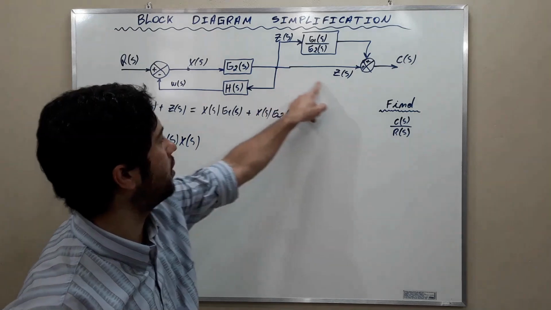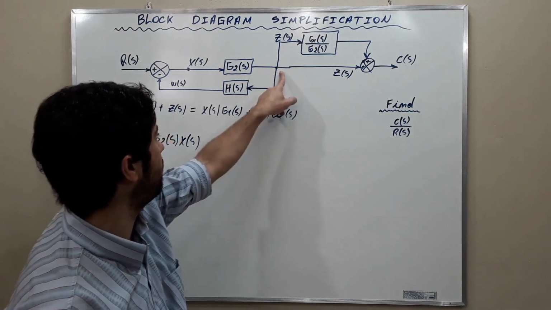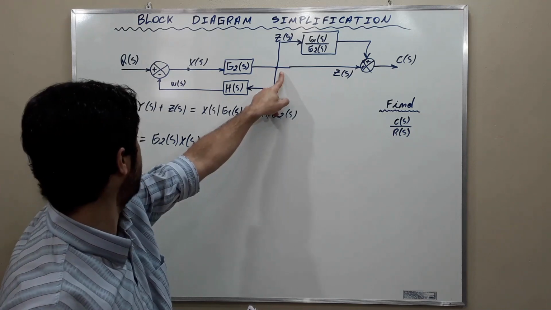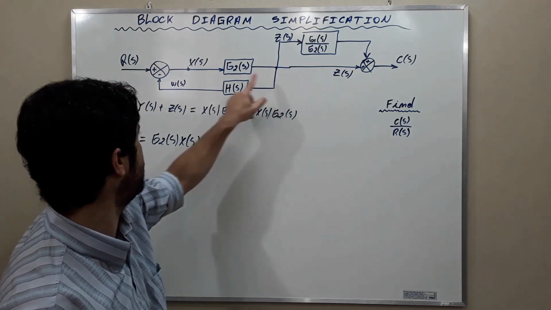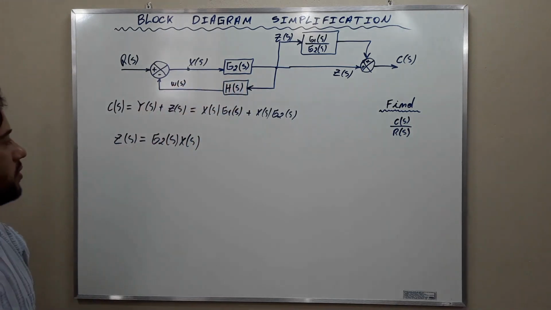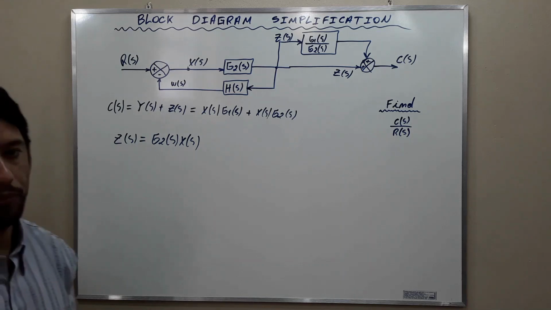Z of S is here. And we wish to prove that Z of S is equal to G2 of S times X of S. Yes, it is right. What we did up to this point is right.